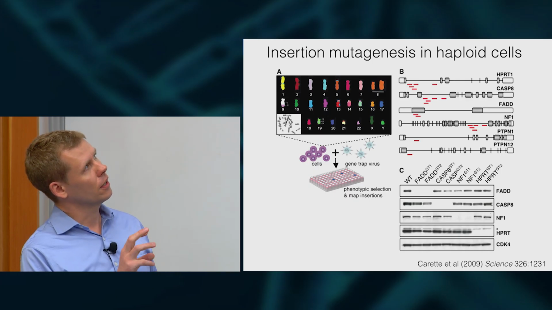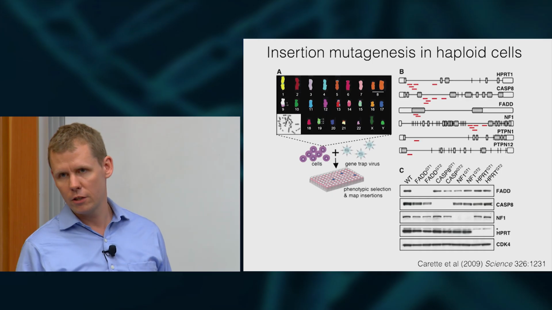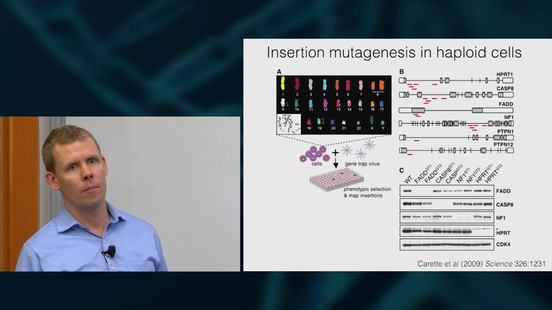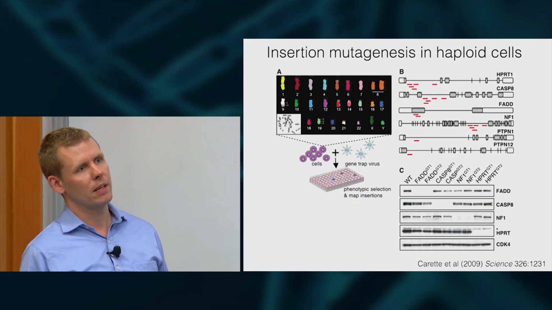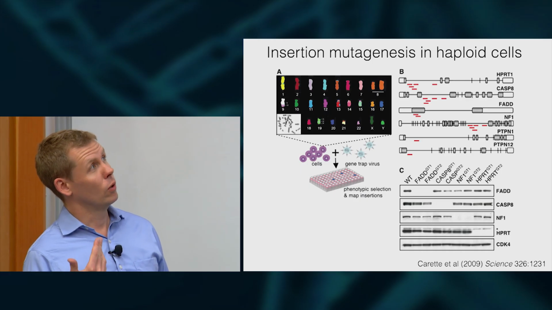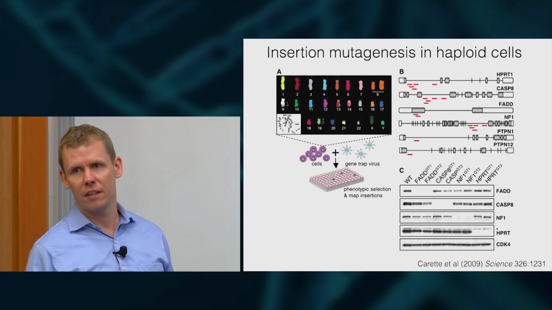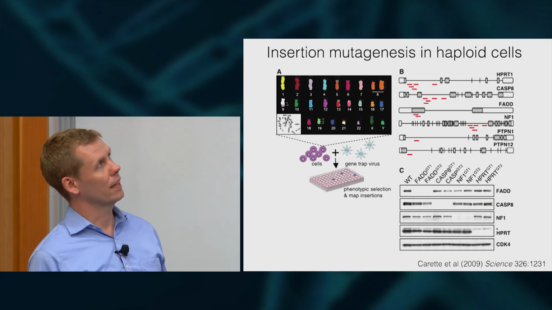The main challenge is that human cells are naturally diploid, and so this random disabling of genes will miss a lot of genes if you have a recessive phenotype, unless you do it in a haploid cell line.